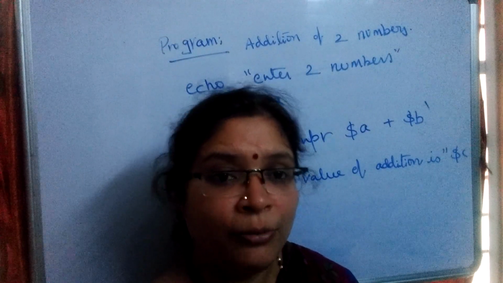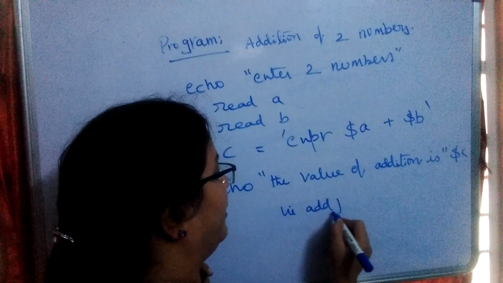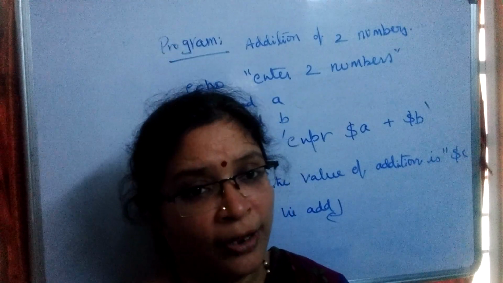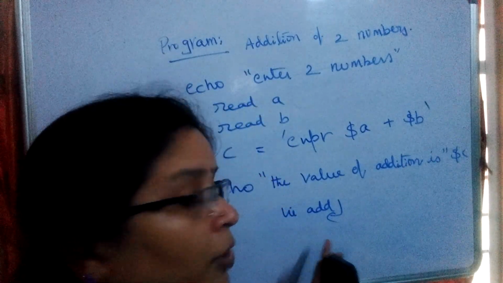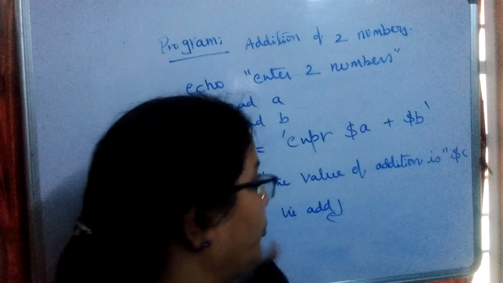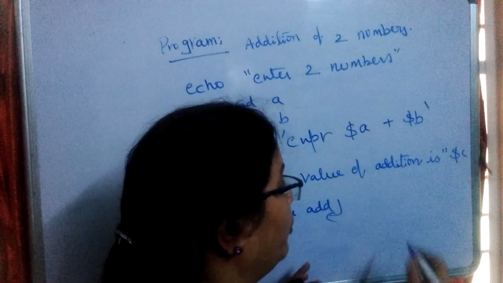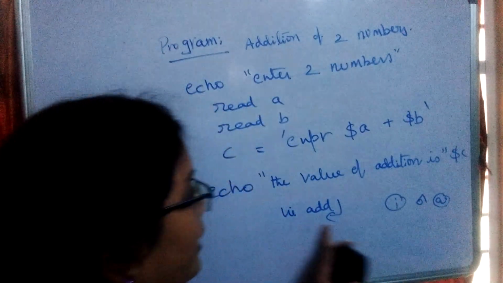How to write this program, you know? So vi add, enter. In vi, two modes will be there. In the previous videos I told you about the vi editor, just watch my past videos. In vi you have two modes, insert mode and command mode. To go to the insert mode, you press I or A. Then you can add all these things.